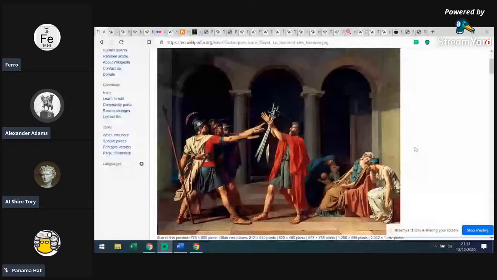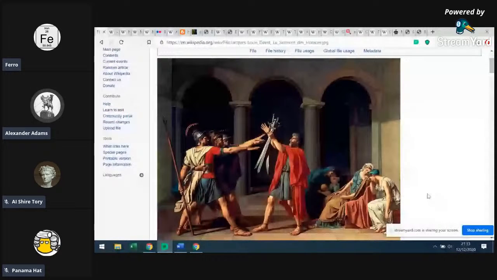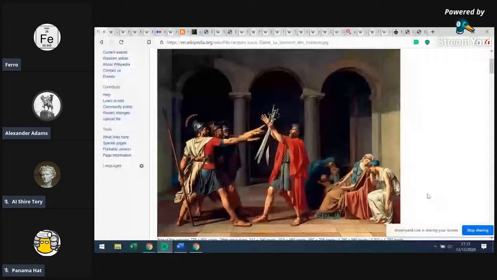Well, this is the Oath of the Horatii, painted by Jacques-Louis David. I think it's 1784. So this was a group of relatives who were swearing fealty and pledging their allegiance to potentially die in battle.